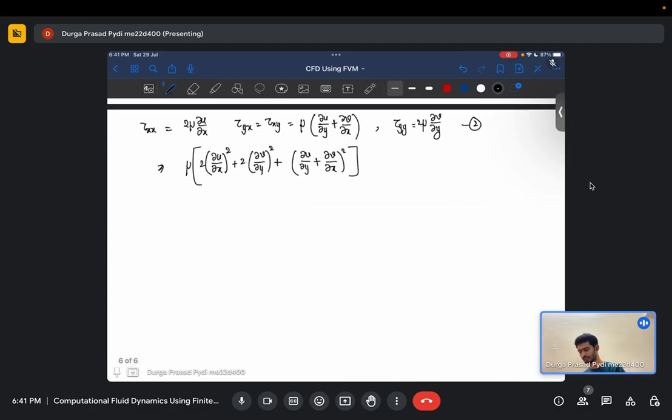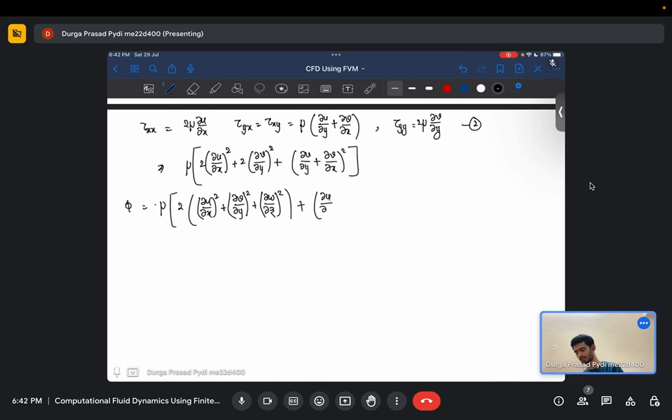If you expand it for a 3D flow, I mean for all the 3 dimensions, your phi will turn out to be something like del u del x square and all the cross terms.